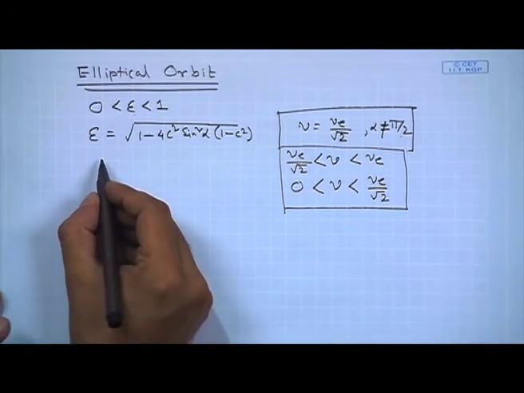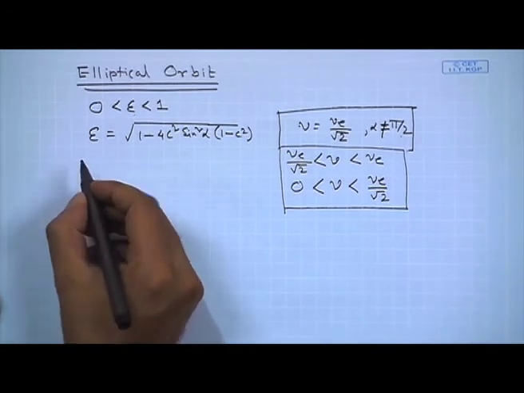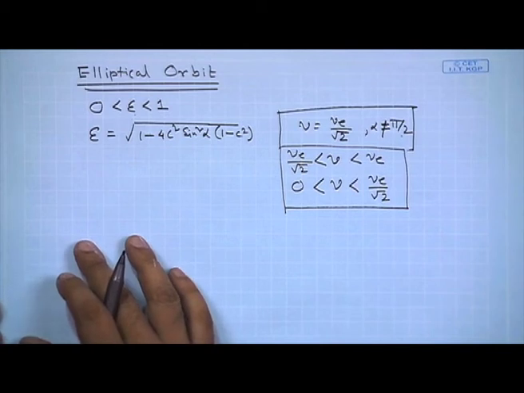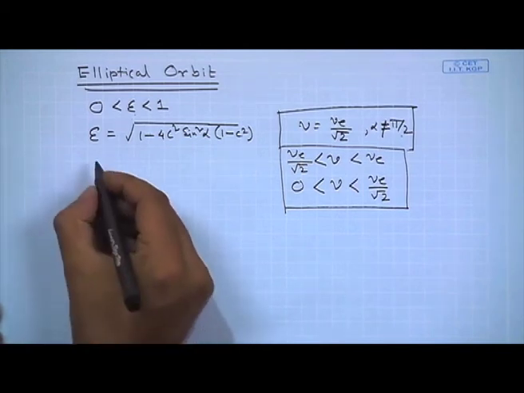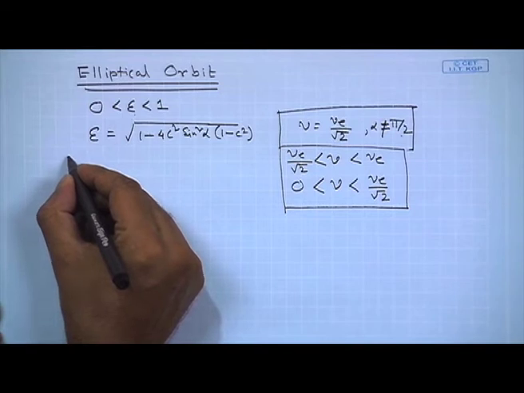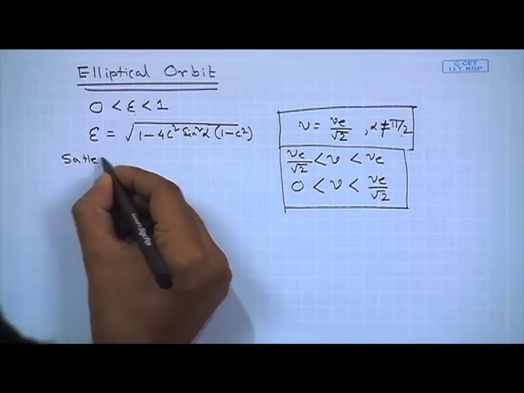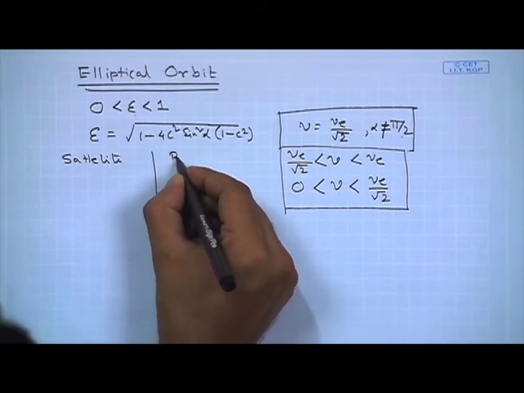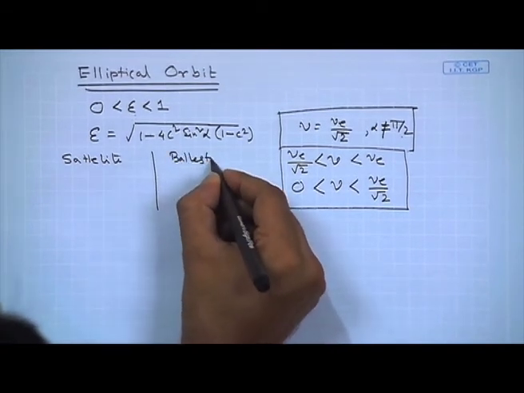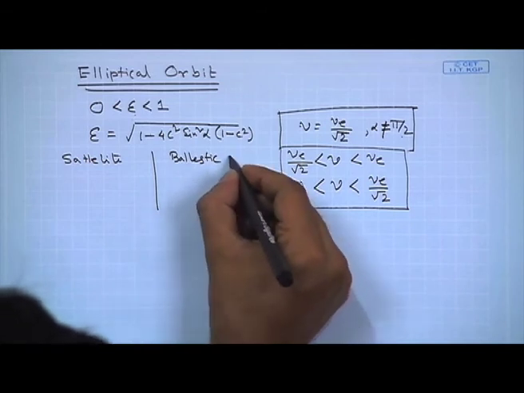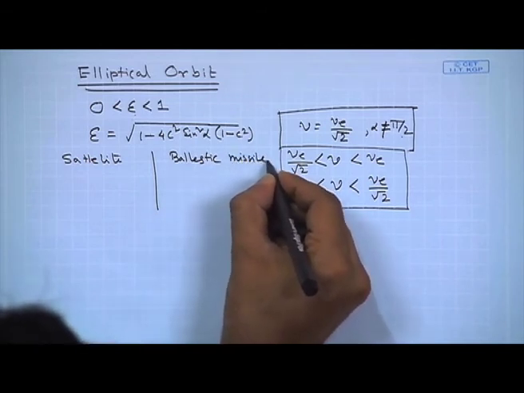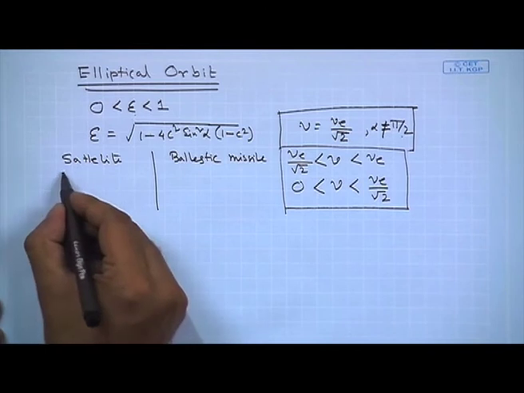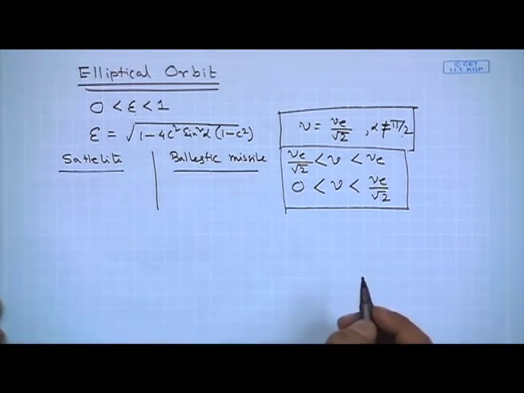Now, inside the elliptical orbit we can have two broad classifications. One is a satellite and one is a ballistic missile. Okay. How do we distinguish between these two?